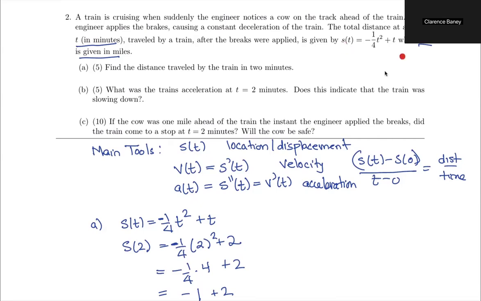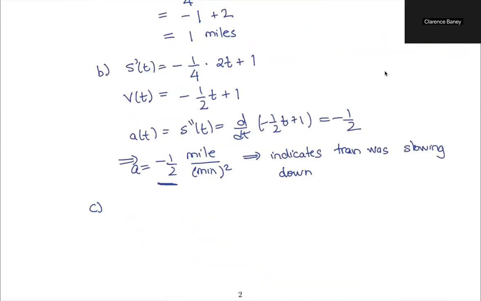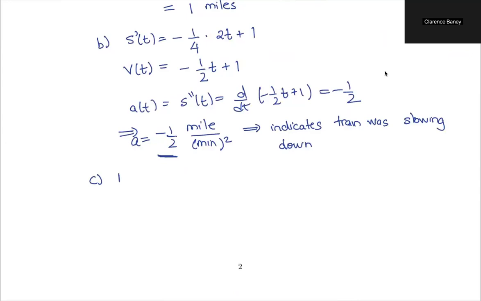So in 2 minutes the train is going to travel 1 mile, and that's exactly where the cow is. What I'd like to know, in order for the cow to be safe, is whether the train came to a stop. To determine that, I need to determine what the velocity was at 2 minutes.